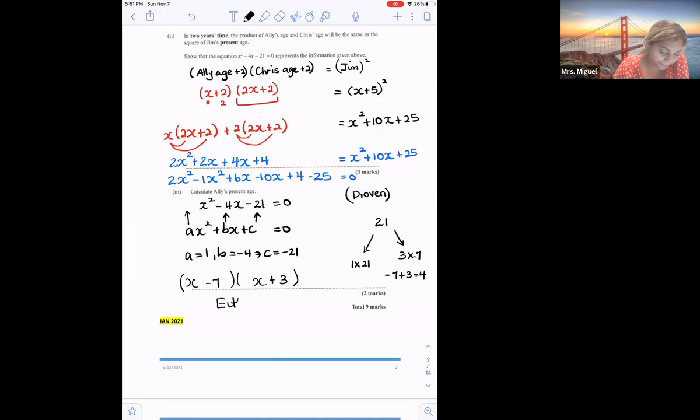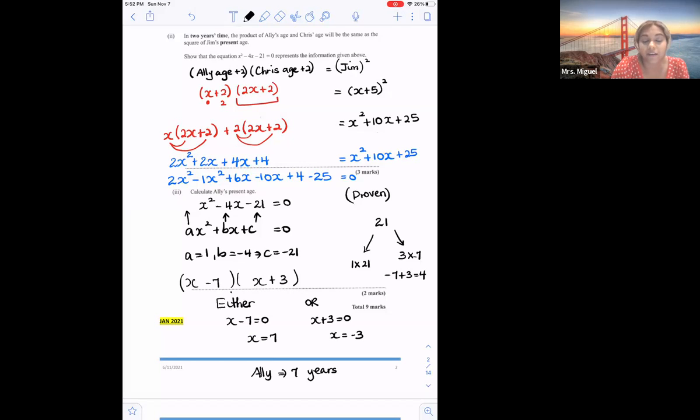So either x minus 7 is 0, where x is equal to 7, or x plus 3 is equal to 0, where x is minus 3. So Ali's age cannot be negative. So Ali is 7 years.